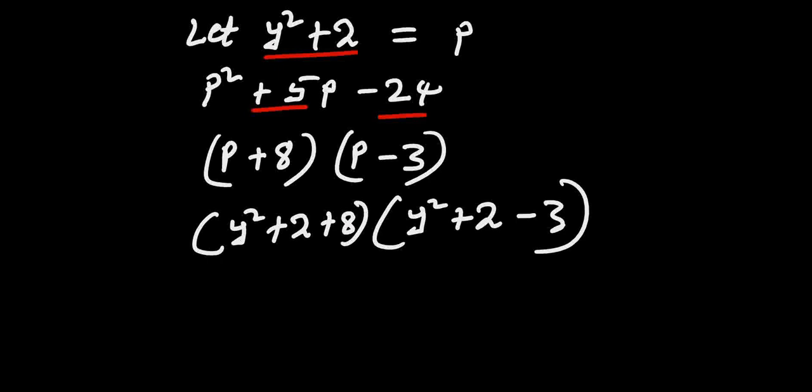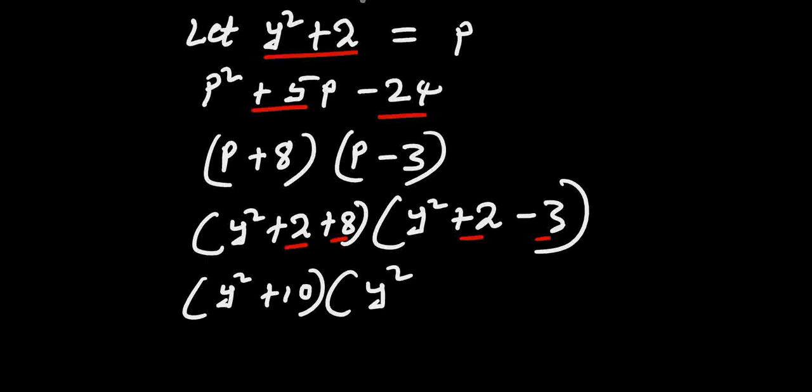Good. So we have like terms. This is plus 2 plus 8, and this is plus 2 negative 3. So we can simply add them together. Plus 2 plus 8 is plus 10, so this becomes y squared plus 10, and y squared plus 2 negative 3 is negative 1.